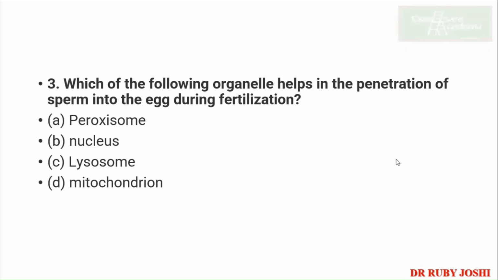Yeah, the answer is lysosome. See, at the head of your sperm, that acrosome we talk about, right? Over there, these lysosomal enzymes are present, which help in penetration, removing the outer layer of the egg so that it can get access and fuse with the nucleus. Okay, the answer is lysosome.